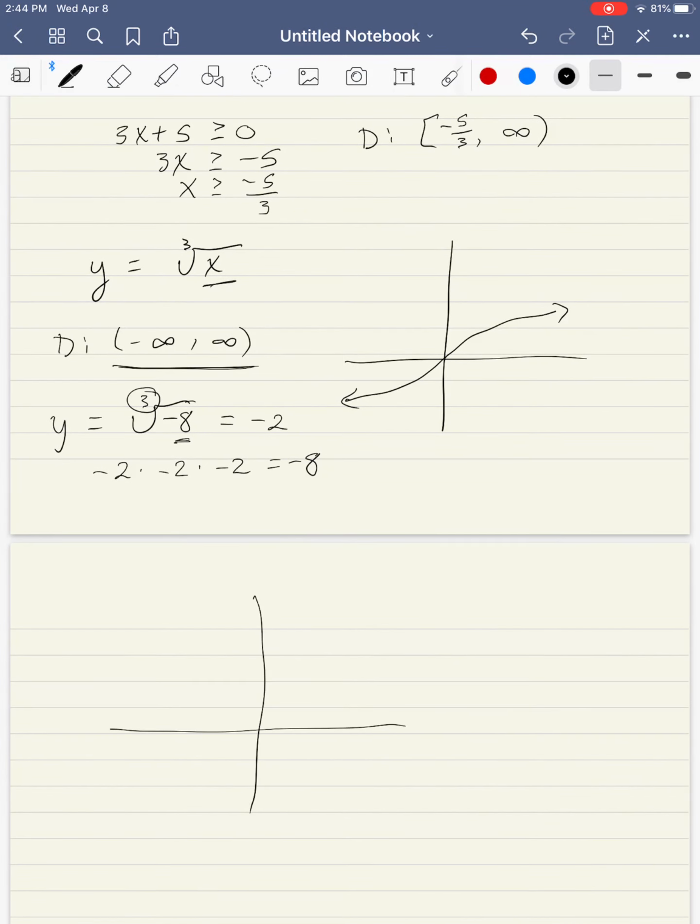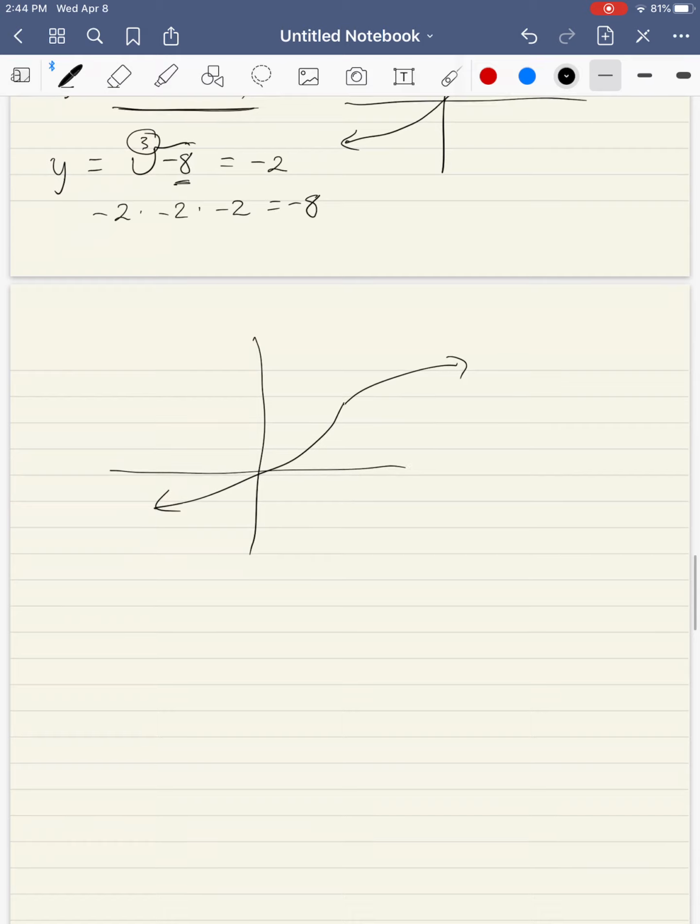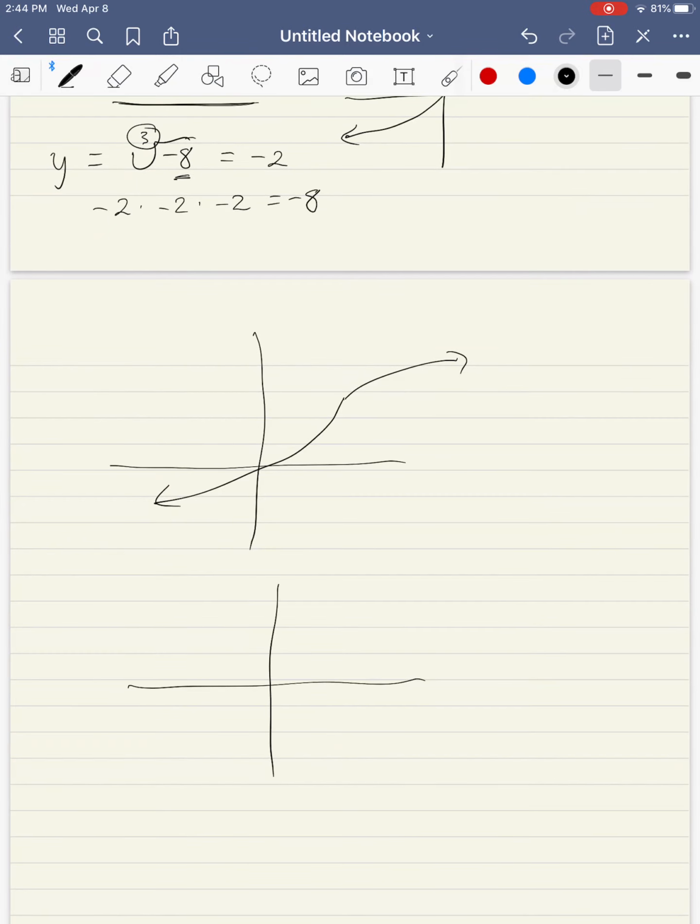What if I were to transform this? If I were to move it left or right or up or down, I see my graph would still have domain all real numbers. And if I were to do a reflection, I still have domain all real numbers.